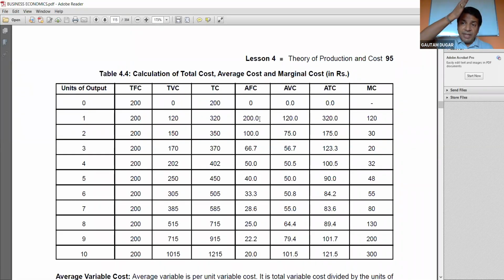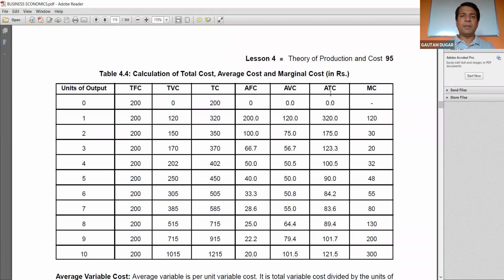Average fixed cost diminishes continuously. The shape of the AFC curve is called a rectangular hyperbola. It constantly diminishes.